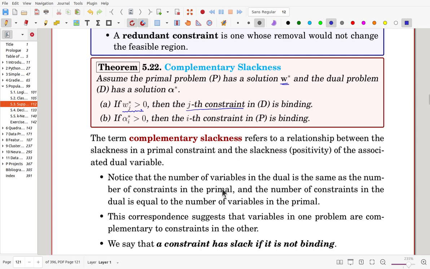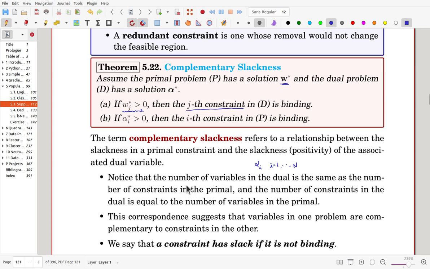In our case, the number of variables in the dual is in fact alpha i, where i is from 1 to n. In the primal problem, an inequality is made for each data point, so there are n data points and n constraints in the primal.